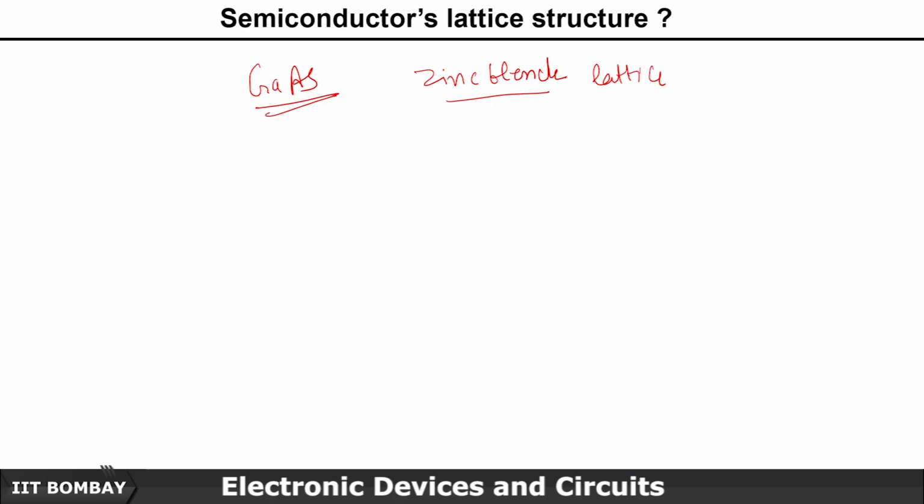Similarly, 2-6 compounds have a slightly different structure, known as wurtzite. So these are some of the semiconductor lattice structures that we discussed.